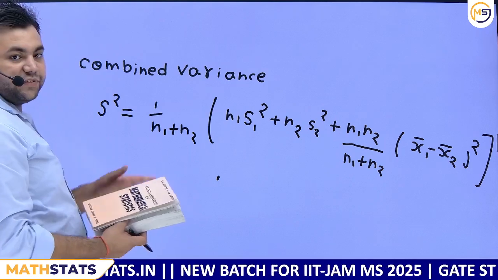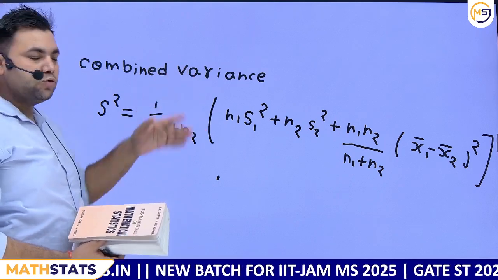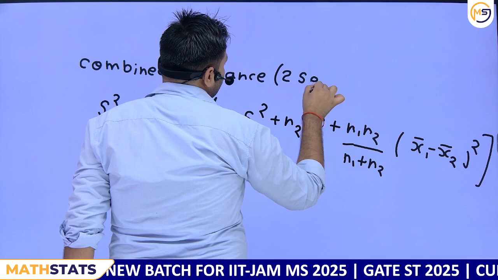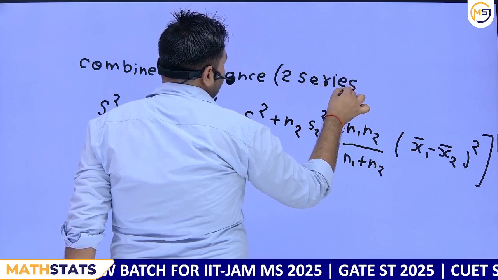Okay, so this is the formula of combined variance of two series. Remember this.